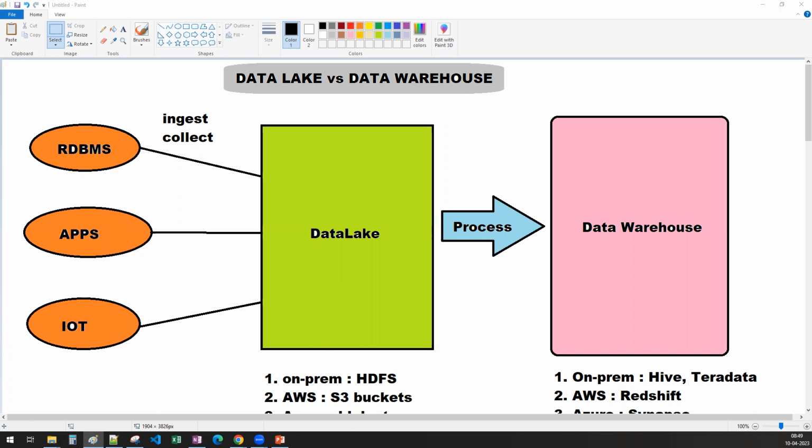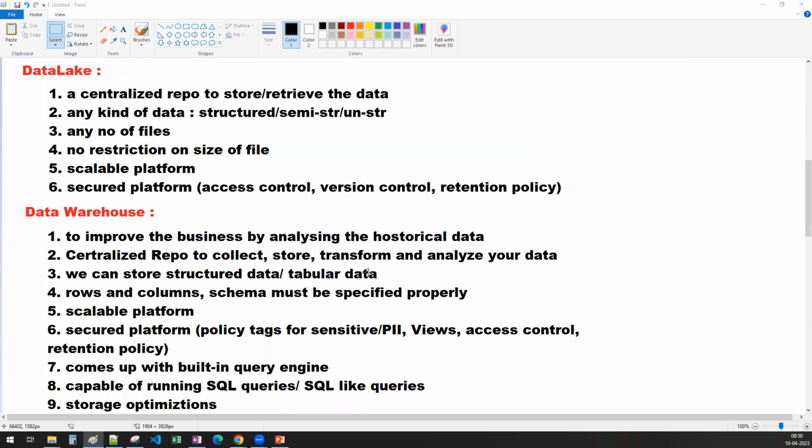So this is what a data lake is, sir. A data lake is a centralized repository to store your data and retrieve your data as per your requirement.